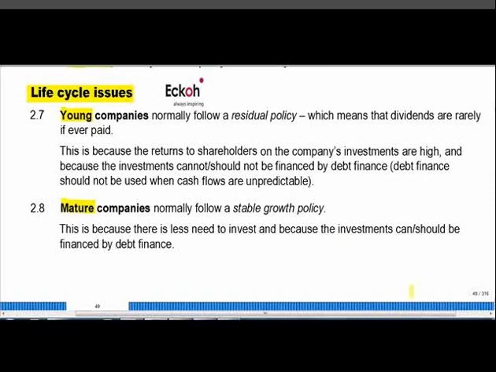In 2011, Echo, which is one of the UK's leading speech recognition companies, a high-tech company, announced that it was going to start paying a dividend. It's a young company in a volatile industry, exactly the sort of company in theory that we'd suggest would not pay dividends.